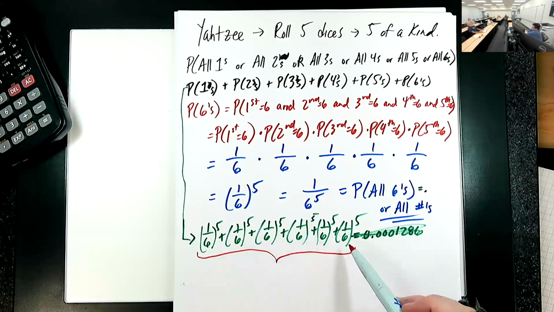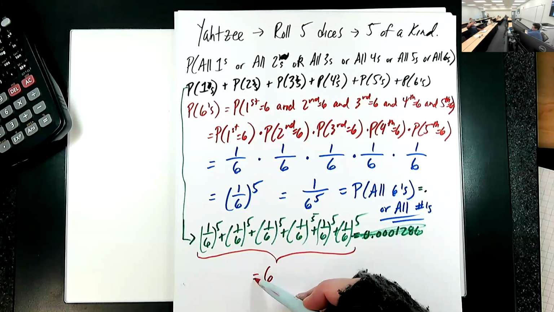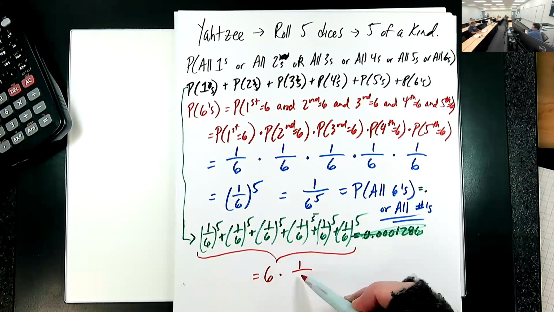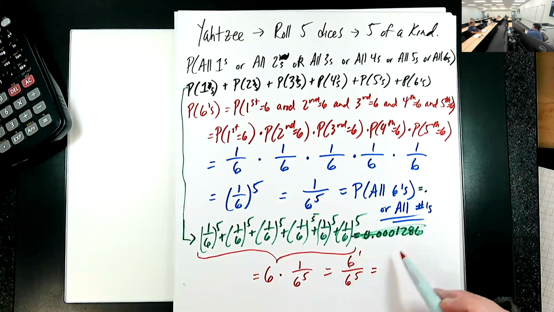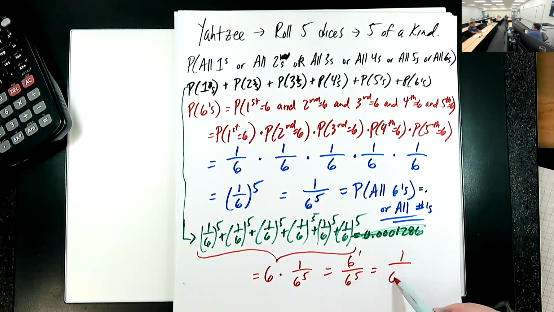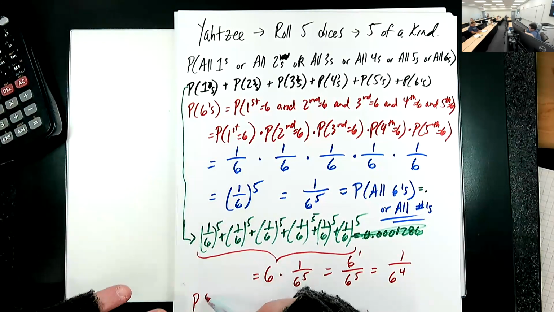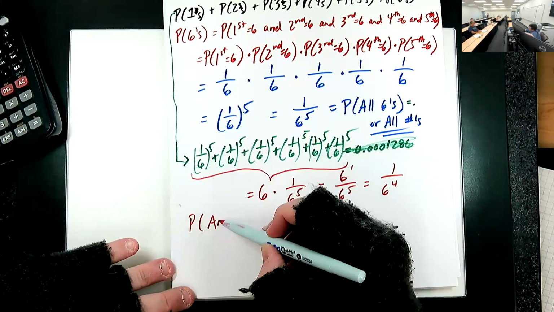I have 6 of these, so this is the same thing as 6 times 1 over 6 to the 5th. And if you remember your exponent rules, or how the fractions work, that cancels out a little bit and gets us to that. So the probability of any Yahtzee on one toss.